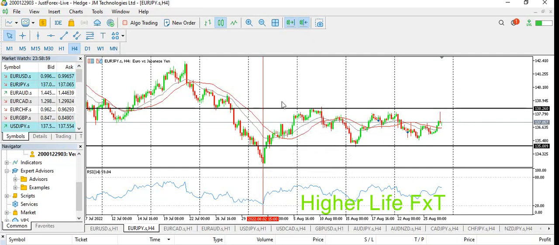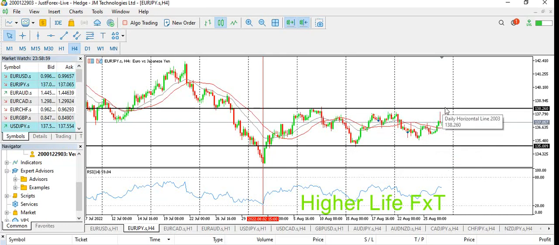Price is trading between these two lines. When it comes to the top one, it is rejected. When it comes to the bottom one, it bounces back up. When it comes to the top one, it bounces back to the bottom one, just like that.